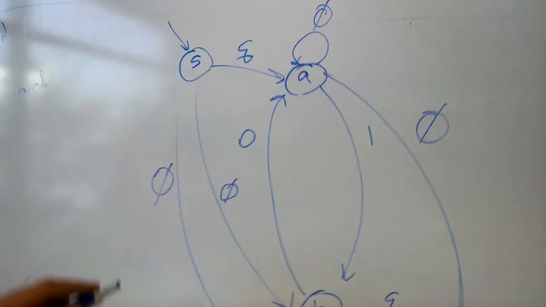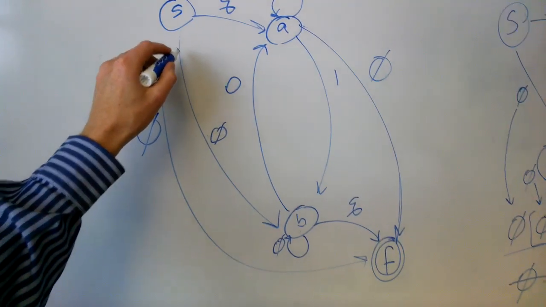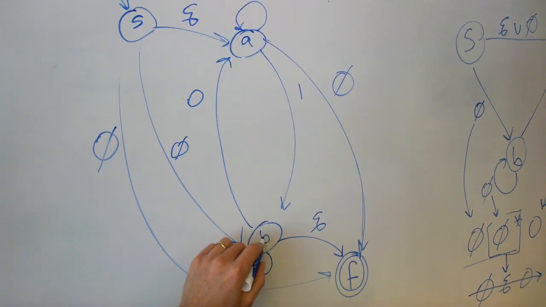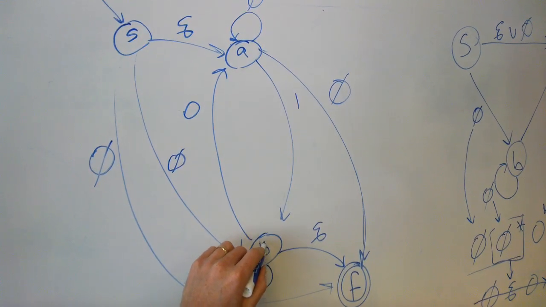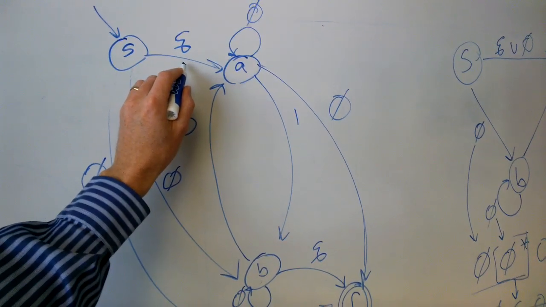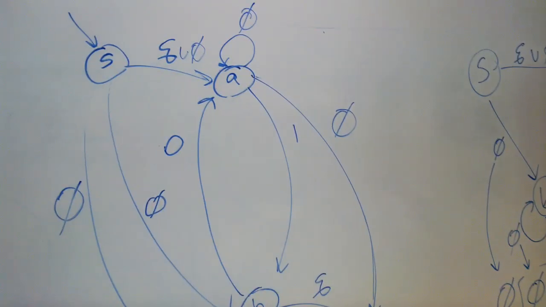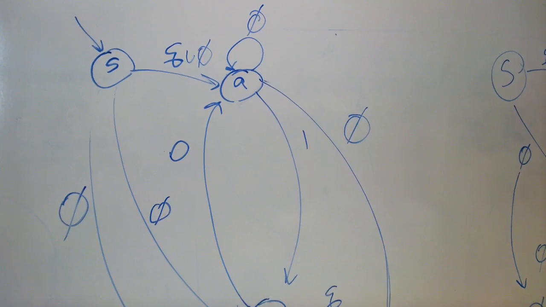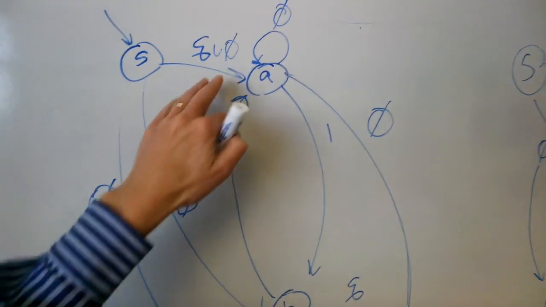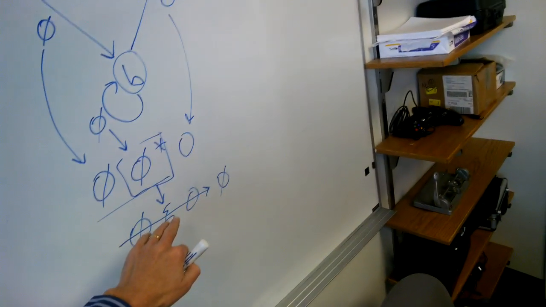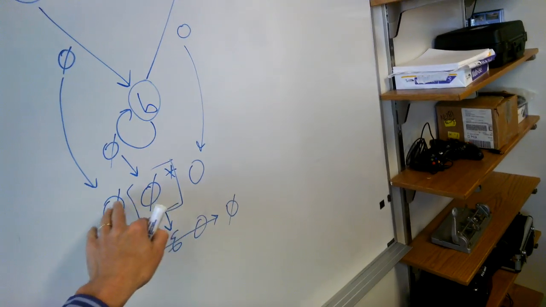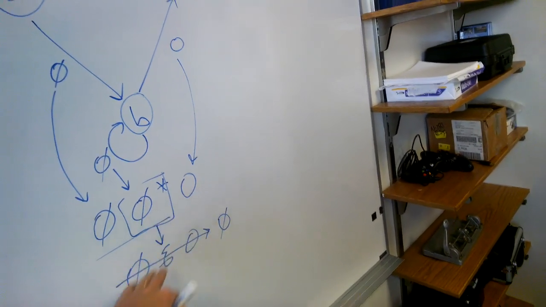So I go back over here to the original automaton and I say, I'm about to rip B out of this automaton. When I do that, I need to change the label from S to A to include that path through B. And the regular expression that represents that path through B is just the empty set. And I figured out that empty set when I took empty set star 0 and reduced it to the empty set.